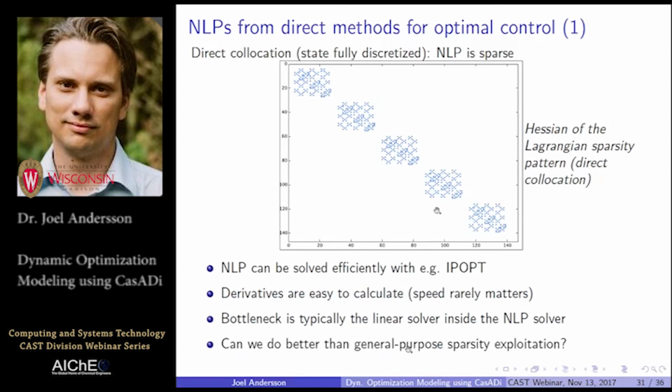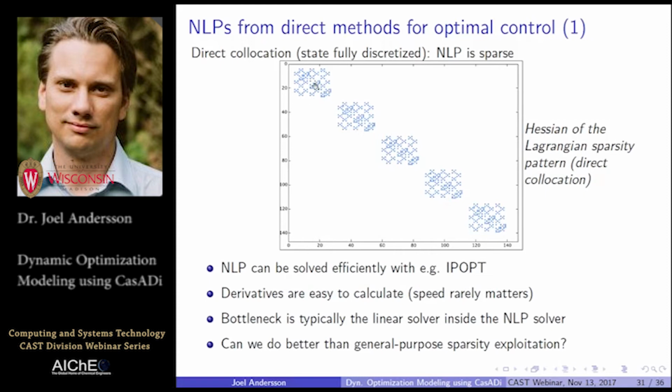All right. So, can we do better than this? Because with this approach, if you try to go to really large dimensions, you will sooner or later run into bottlenecks, typically in the linear solver, for example in IPOPT or in other general sparse NLP solvers.